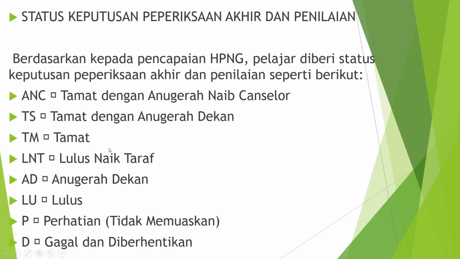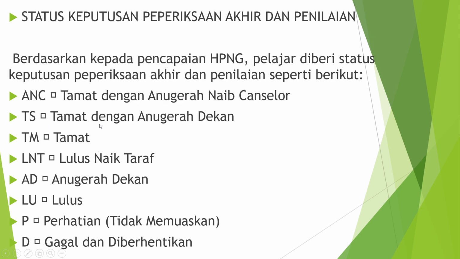Alright, next we go to status keputusan peperiksaan akhir dan penilaian. Berdasarkan kepada penilaian HPNG. HPNG is actually your CGPA. Pelajar diberi status keputusan peperiksaan akhir dan penilaian seperti berikut. ANC means tamat dengan anugerah Naib Chancellor.